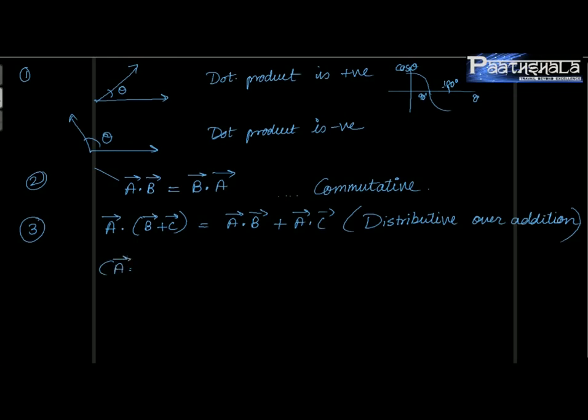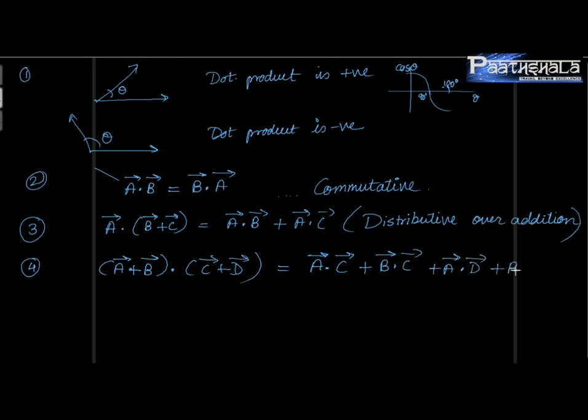So (A plus B) dot (C plus D) is just like the regular algebraic bracket opening, which is equal to A bar dot C bar plus B bar dot C bar plus A bar dot D bar plus B bar dot D bar.